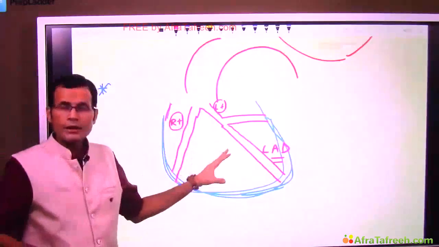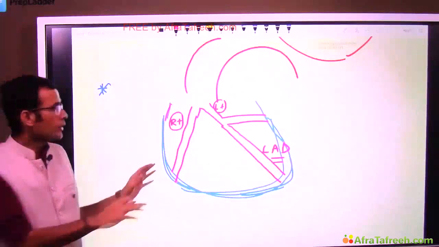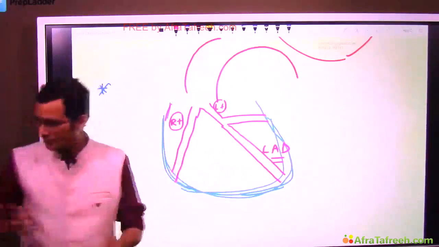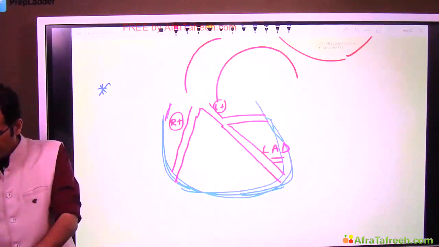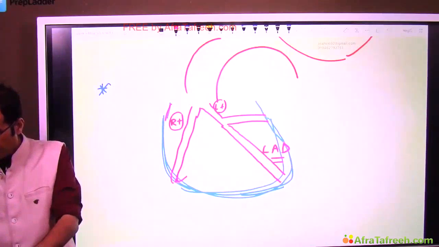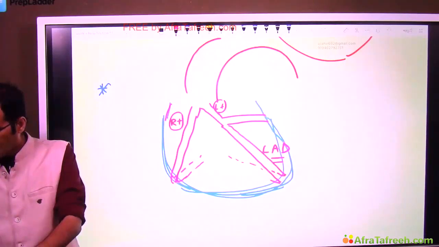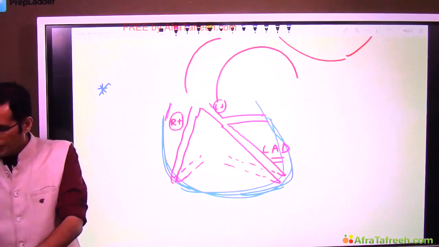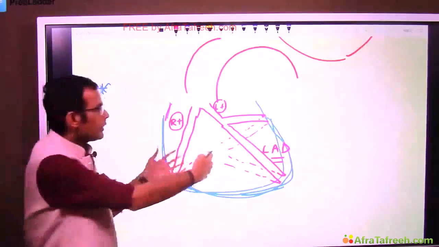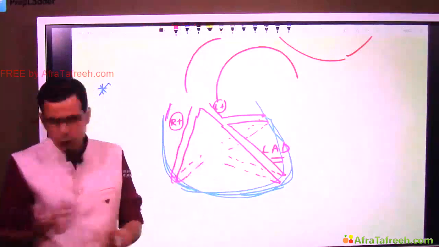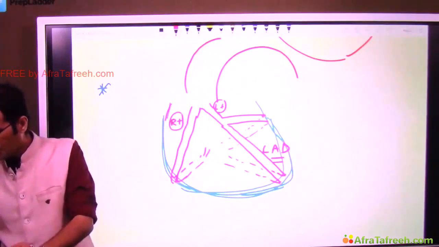So these three arteries then run to the edge of the heart, and then they will turn backward to finally make an anastomosis on the posterior wall of the heart, which is shown with the broken lines here.